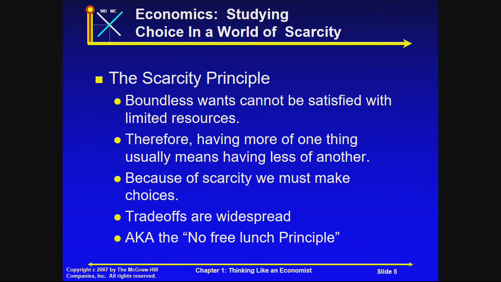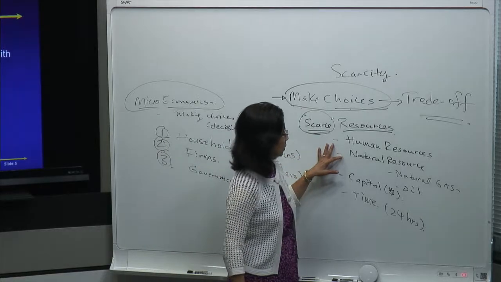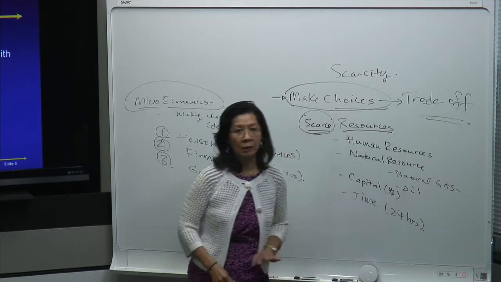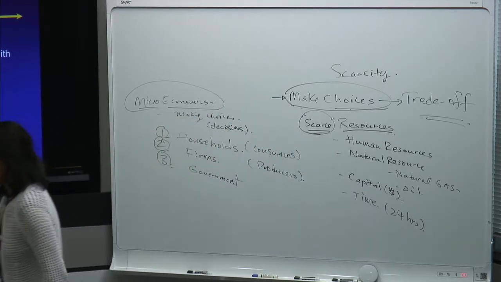Okay, next, the scarcity principle. We talk about boundless wants, unlimited. I want this, I want that. I demand this, I demand that. It cannot be satisfied with limited resources. What other limited resources? We just got done talking: human resources, natural resources, capital, and time. These are considered resources.